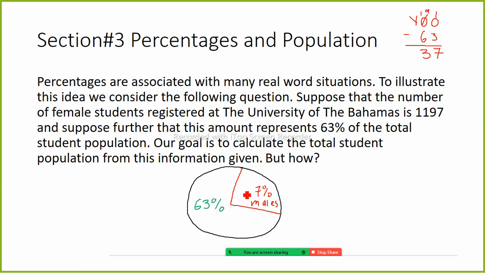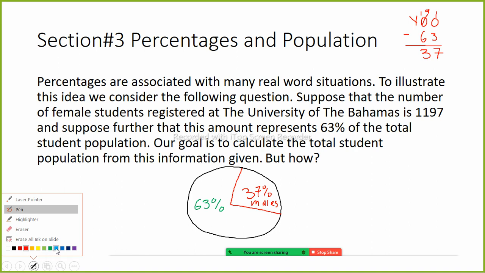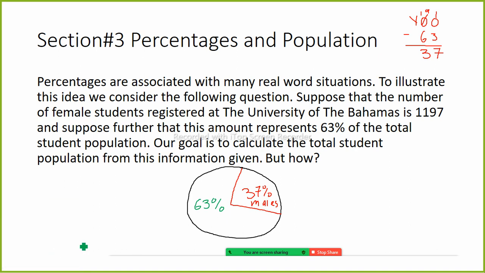Albrecht, are there more females or more males inside this university? More females, right? In fact, there are way more females than males in this university, and that's typically the case. Usually there are more females in college than males.